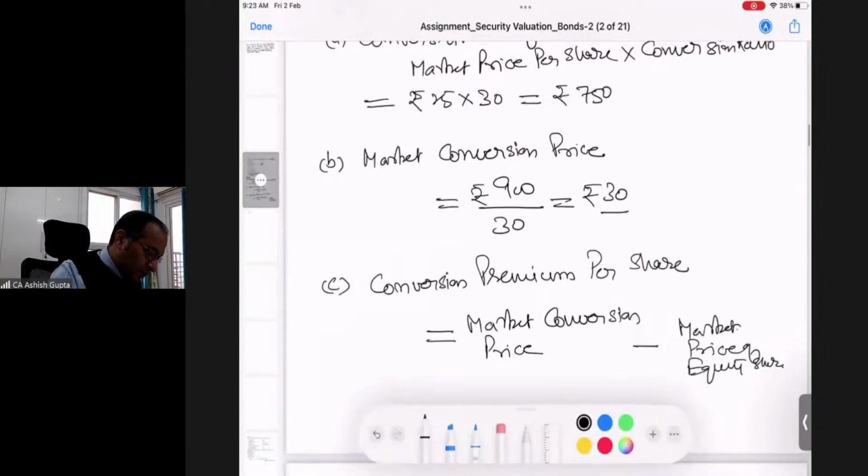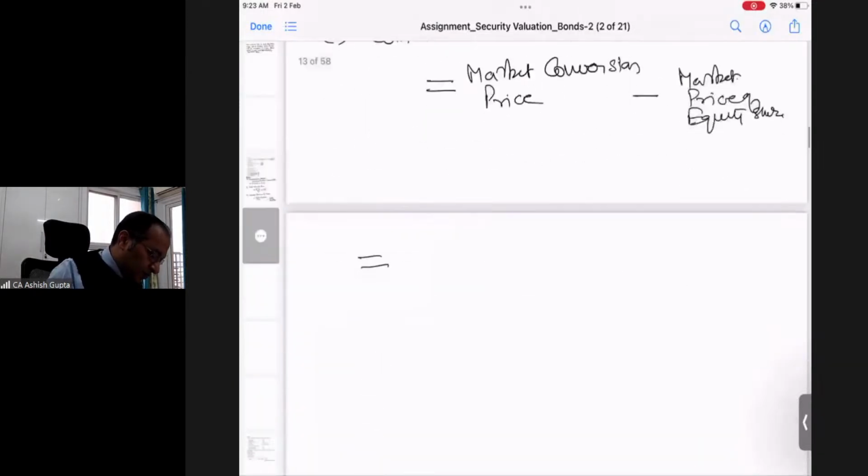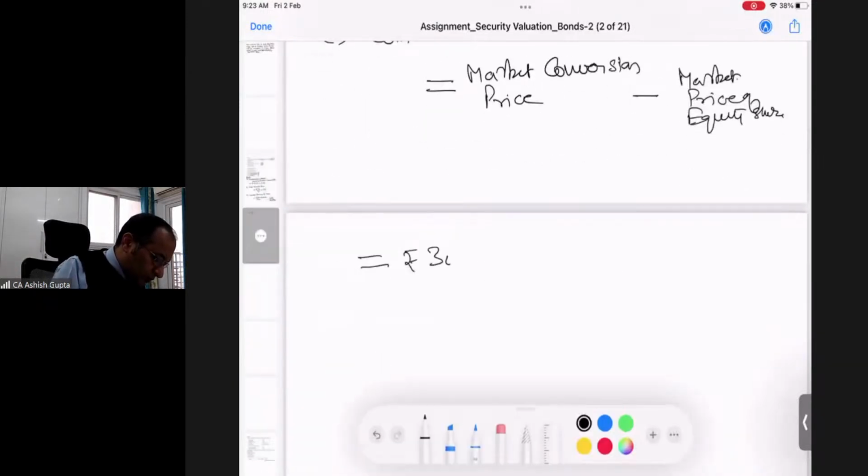It is 30. Accordingly, we shall compute the same. As on date, the market price of equity share is this. So it means I am paying a premium of 5 rupees per share.